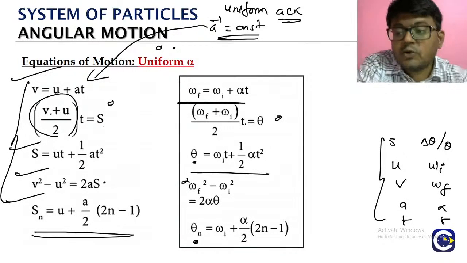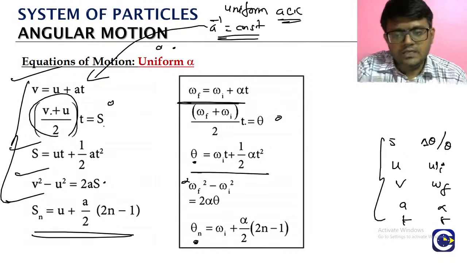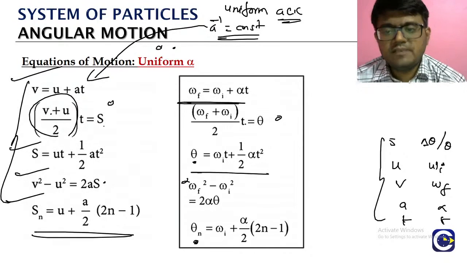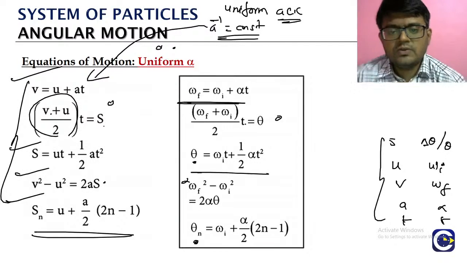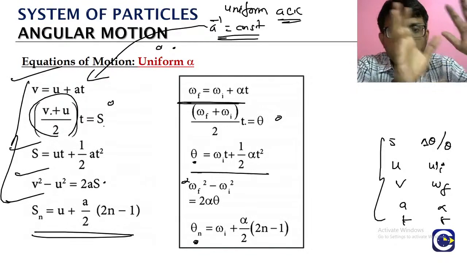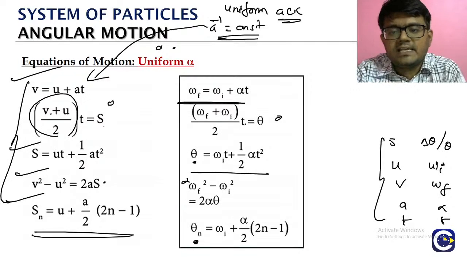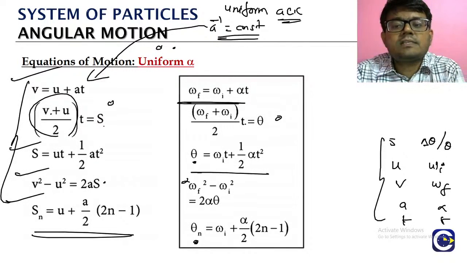Note down all these results, because based on these equations we will be able to get questions, even in past years. Whatever equations we have between u, v, a, t and s come as it is. When can we use the equations? When the alpha value is constant or uniform.